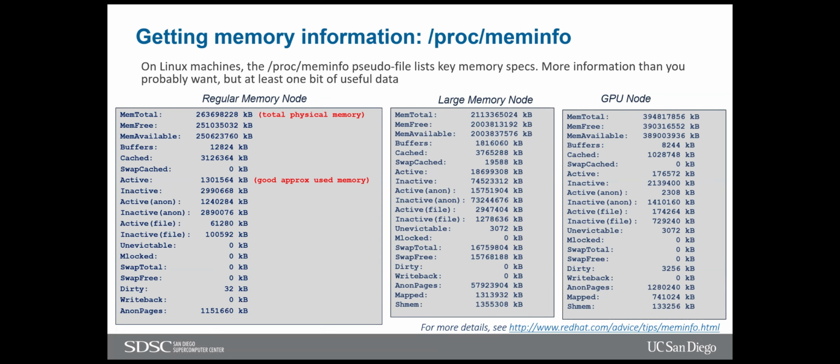One reason why this is important, and again this comes down to policies on the system, is: does the node you're running on have enough memory for you? Very often users report to us that they're running out of memory, so they get an OOM kill, an out of memory error. In some cases, it could be that the node they're running on simply doesn't have enough memory.